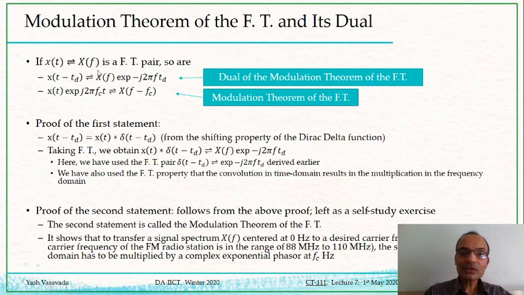Therefore, capital H of f was real valued. But after I introduce a time shift so as to make the filter causal, now the Fourier transform will not be real valued, it will have this additional complex valued term, which is a function of how much time shift I have introduced.